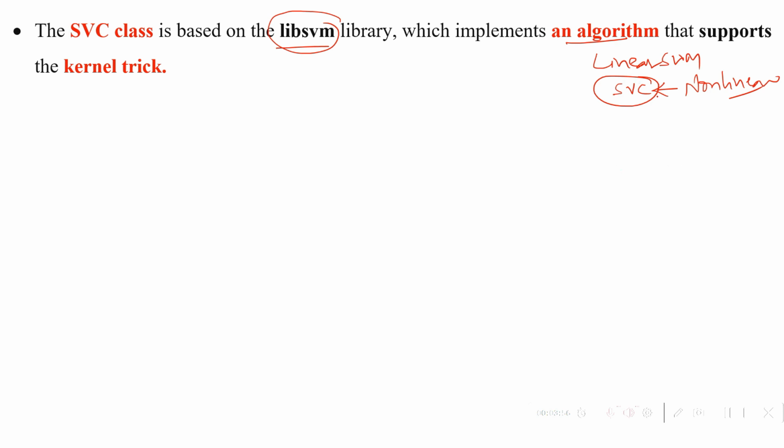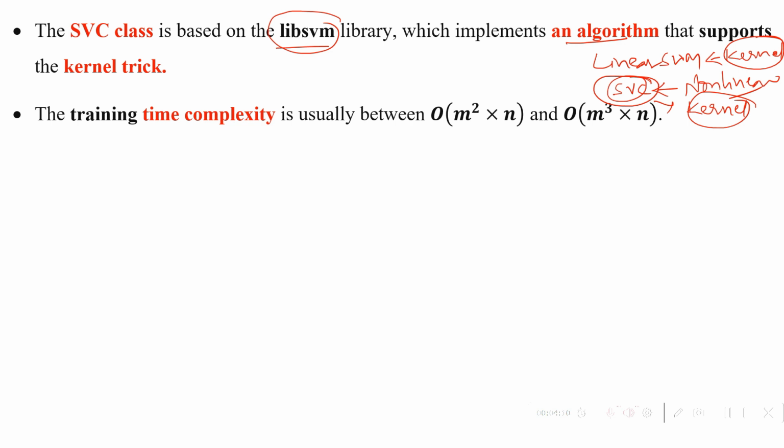The SVC classification uses the concept of a kernel, which we are not using in linear SVM classification. The training time complexity is usually between O(m² × n) and O(m³ × n), where m is the number of instances and n the number of features.